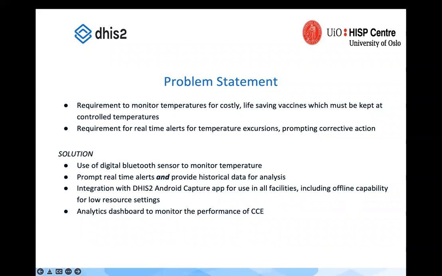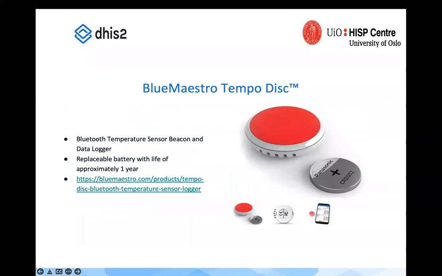And our solution is to use a Bluetooth sensor, a data logger that you place in the refrigerator that is connected, ideally in real time, to a mobile phone, and that logs data every 10 minutes with alarms, but also will prompt an alarm on the mobile phone in case the alarm limit is exceeded or too low.